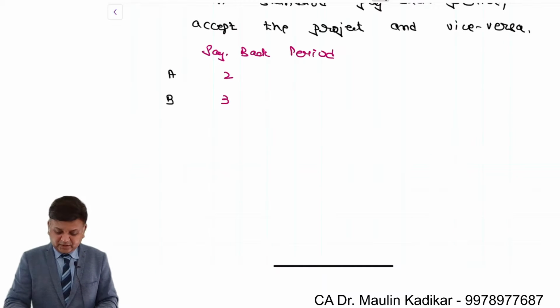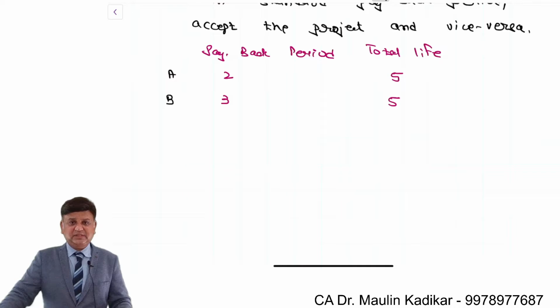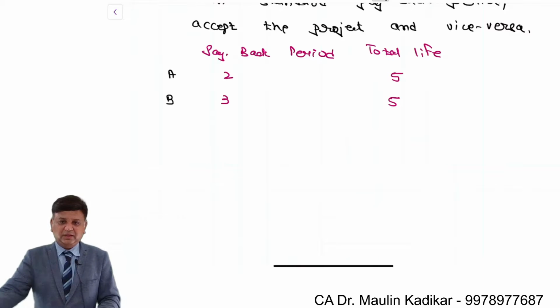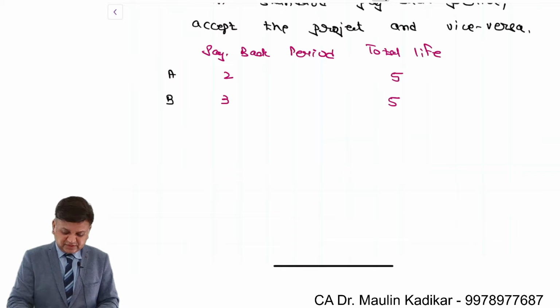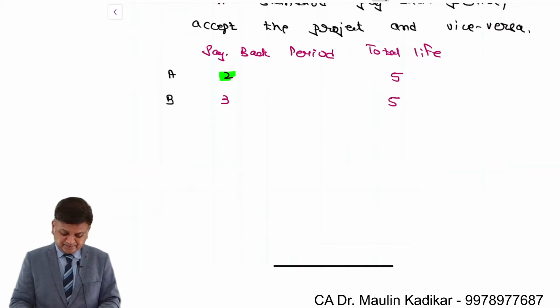Suppose the total life is 5 years. I want you to tell me in this situation, which project should be accepted? Of course, the project which has the comparatively lower payback period should be accepted. Why? Because we are able to recover the investment fast.